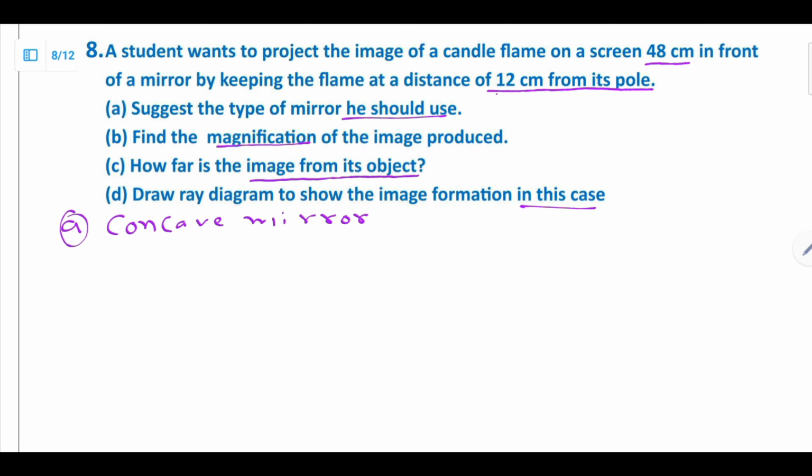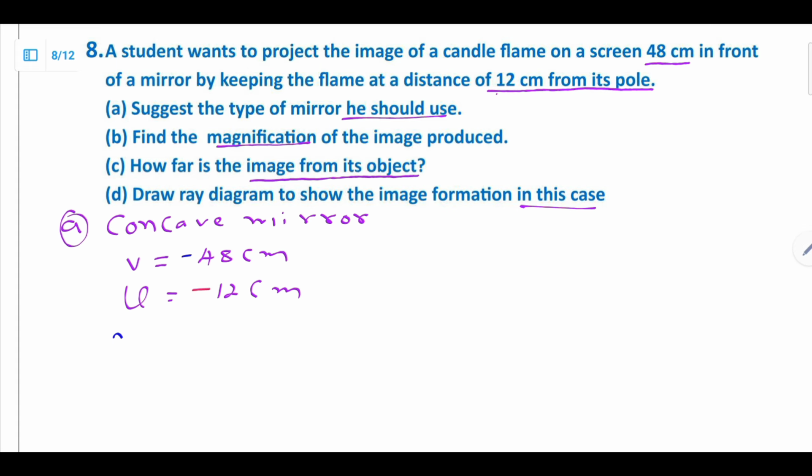Find the magnification. The image distance equals 48 centimeters and the object distance equals 12 centimeters. So use the sign convention rule here. Object distance is always taken negative, and image distance is also minus because the image is formed in front of the mirror.